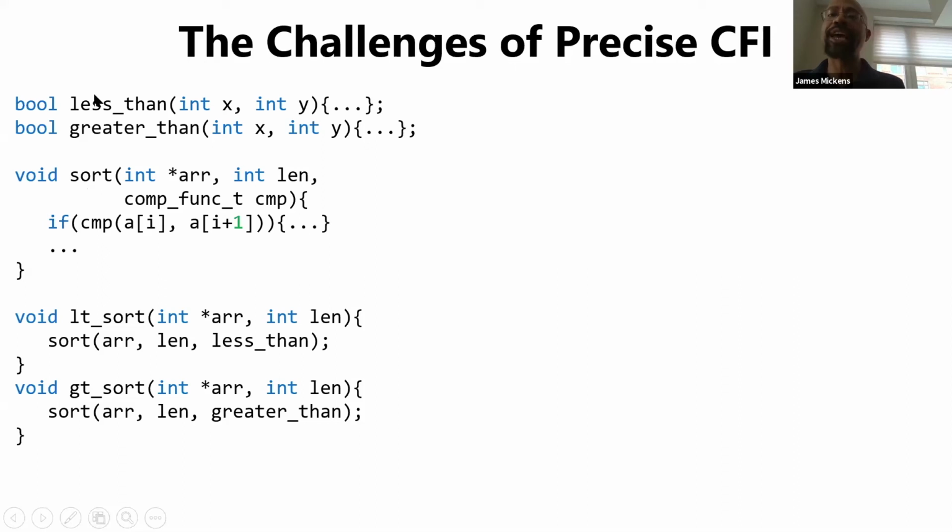And then up here we just have the concrete implementations of less than or greater than. Okay, so let's think about this fairly simple code in terms of how we might come up with a CFI graph for this. And this is a sort of exercise that you see in a lot of the CFI papers. They'll use this example.